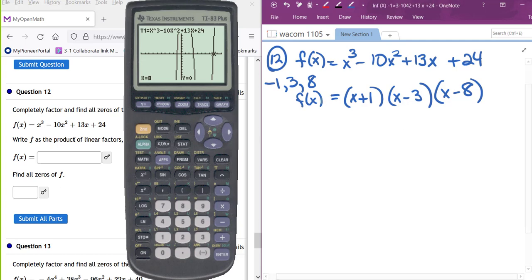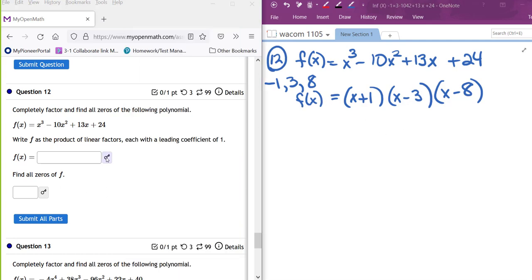So we have our zeros and we have our factors, and here, because they ask for linear factors, they're letting you put this. And our zeros, 3, -1, and 8. So very good. But remember, your calculator came first there to help us get those zeros.